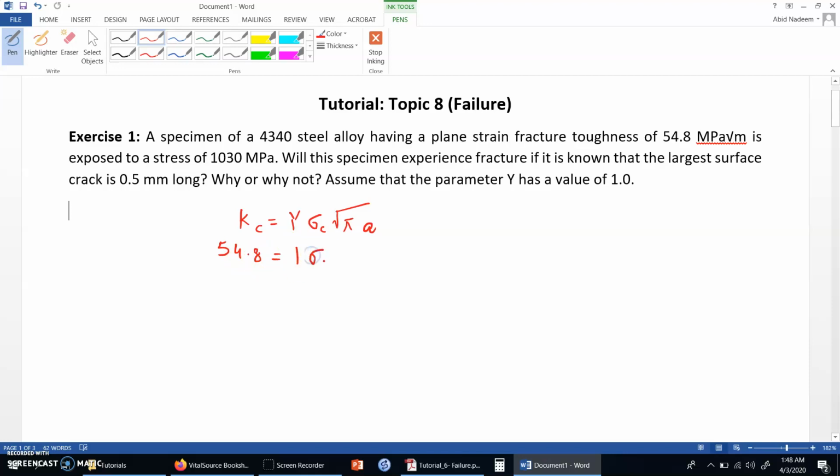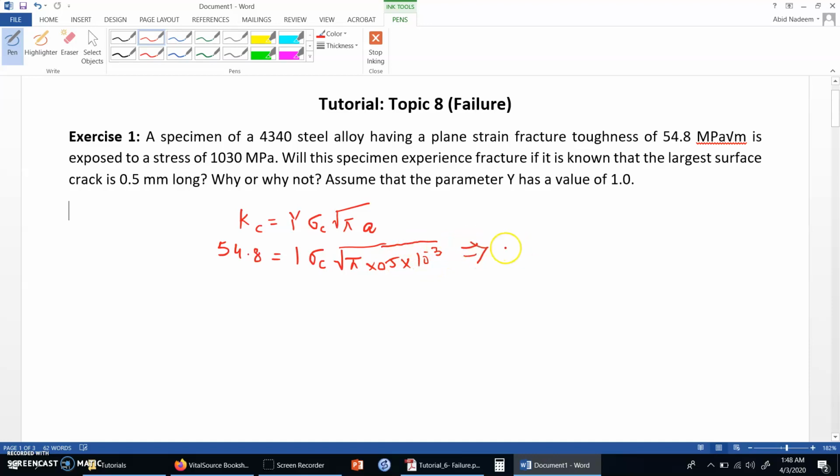So we can find the critical stress, with pi, and a is the surface crack length, which is 0.5 millimeters. So we can convert it into meters by multiplying by 10 to the power minus 3.